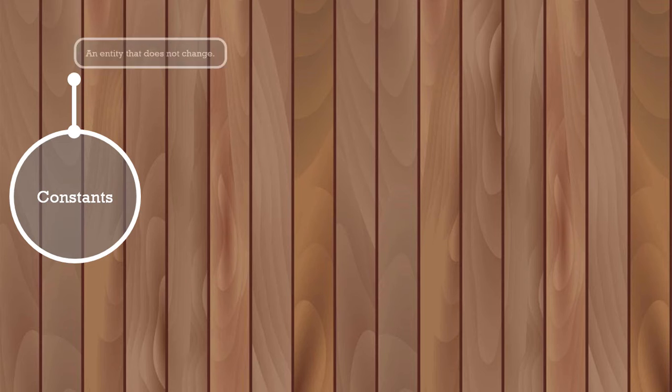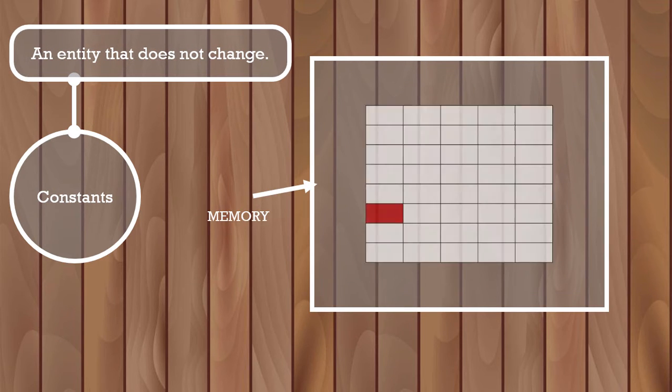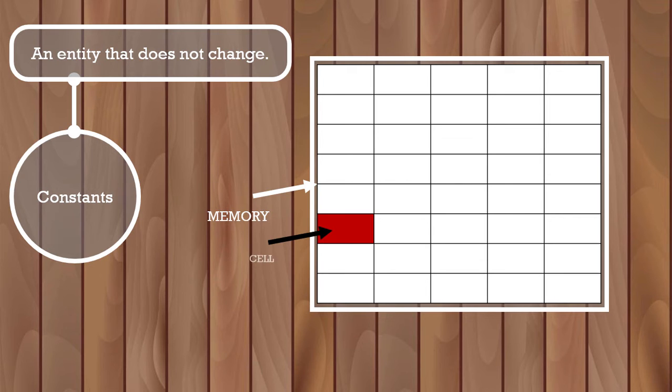Then constant. Basically, any entity that does not change is called a constant. Consider this is a memory which is divided into a number of parts. Those parts are created by rows and columns, and the intersection of any row and column is called a cell, which is used to store a value.